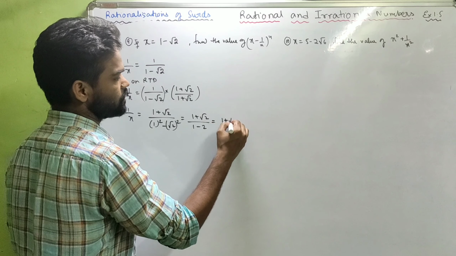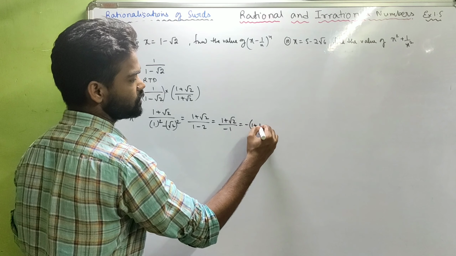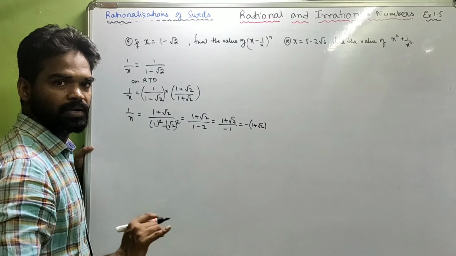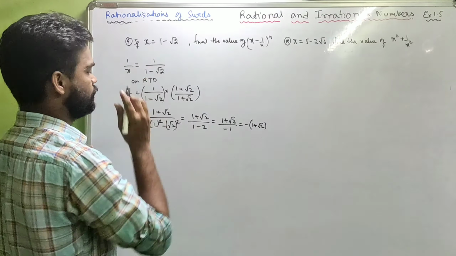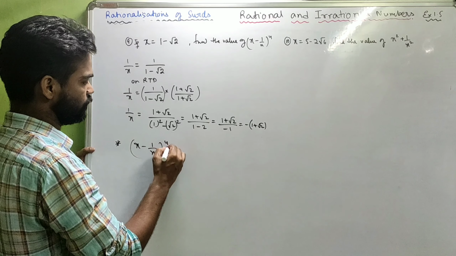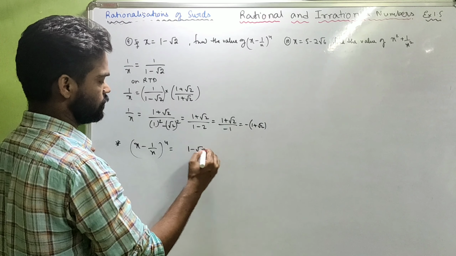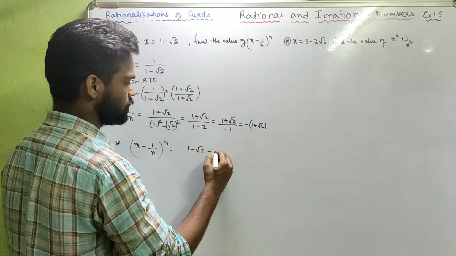That's 1 plus root 2 by minus 1, which is nothing but minus 1 plus root 2. Am I clear? Now I'll find this. Look over here. x minus 1 by x to the power 4 is equal to, now x is what? 1 minus root 2, minus 1 by x is what?